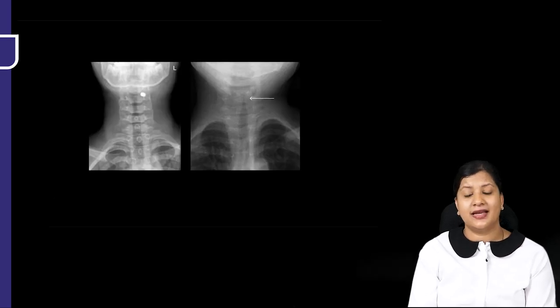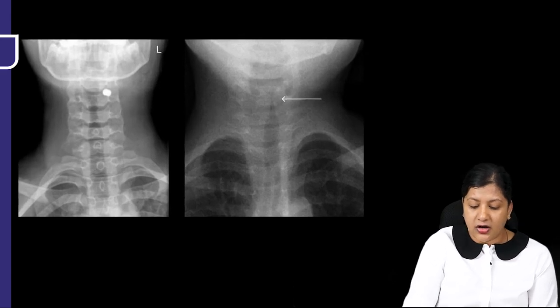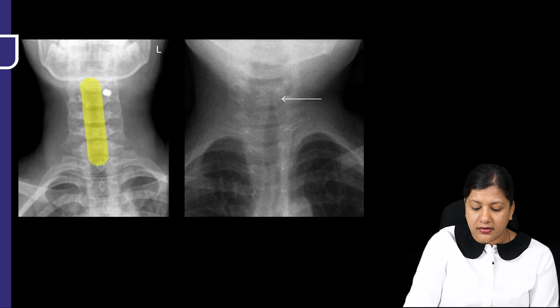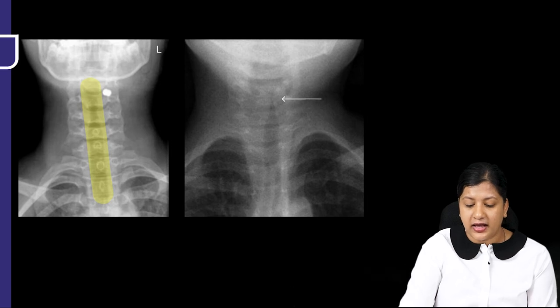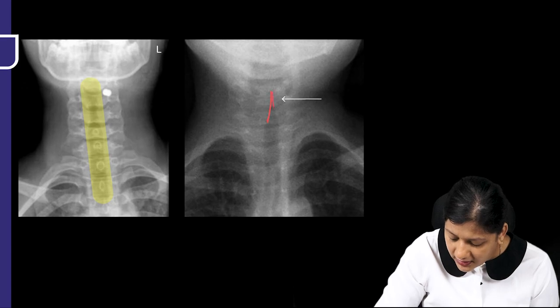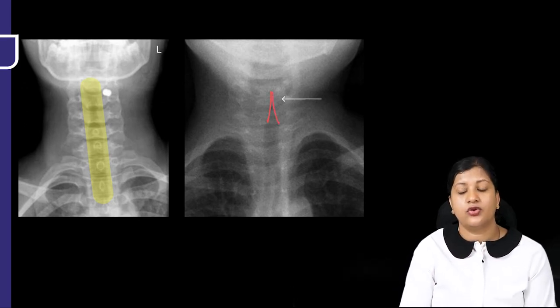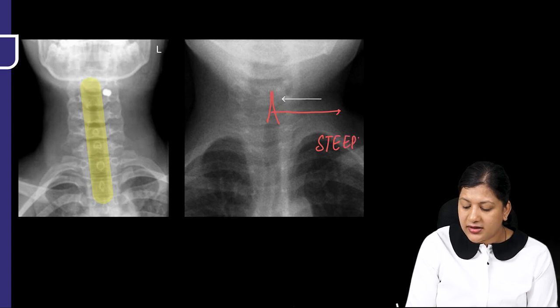Now let us see this sign, again a very common sign. Now if you see, this is the air column of a child which seems more or less normal. But if you see the air column of a child here, you can see there is narrowing at the region of the subglottis. So you can see that here it is narrow. This sign we call as steeple sign. So what is steeple sign?